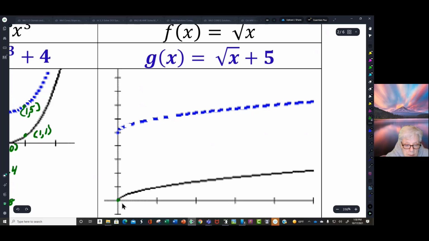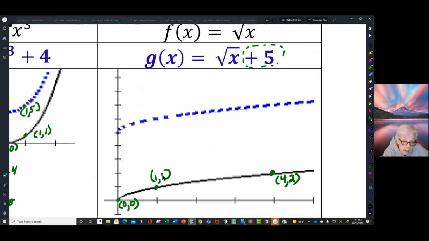Here's the point 0, 0. Here's the point 1, 1. And hopefully 1, 2, 3, 4. Yes, indeed. Here's the point 4, 2. Now these are going to be shifted up by adding 5 to all the y coordinates. So 1 plus 5 is 6. Come directly up. Is that 6?